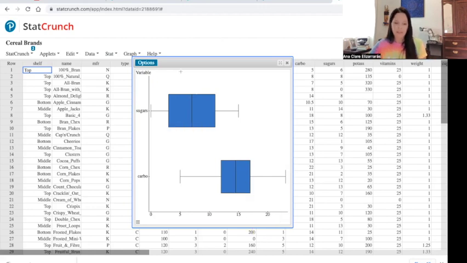How will typical data values for each set compare? Typical values, middle values. How does the middle of sugars compare to the middle of carbohydrates? The middle for sugars is less than the middle for carbohydrates. The median line, that middle line that goes through the box, is less than the middle line for carbohydrates. So sugars has a smaller typical value than carbohydrates.